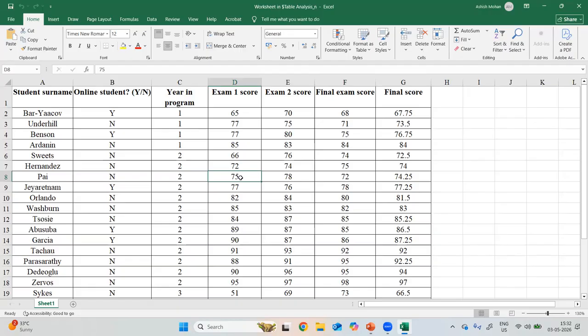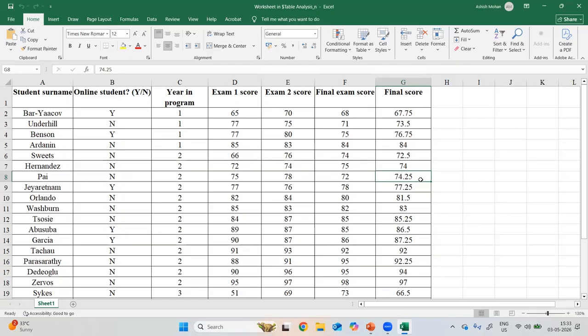So had exam 2 and final exam score had the same weightages, then we would have expected this candidate's final score to be 75, just going by the theory that we just discussed. However, we notice that this candidate's final score is not 75, it is 74.25, which clearly means that exam 2 and final exam do not have the same weightages.